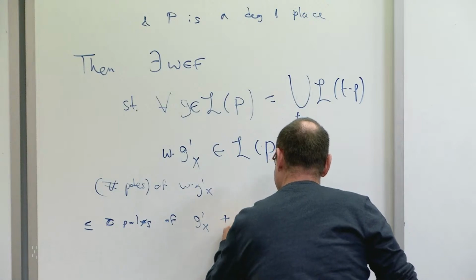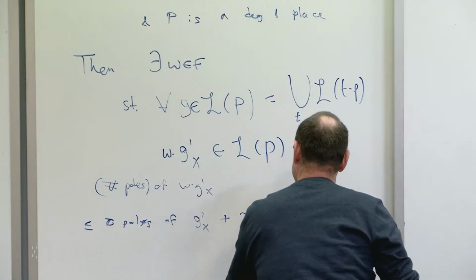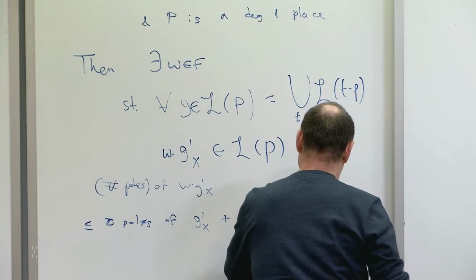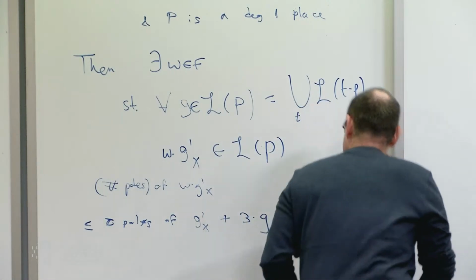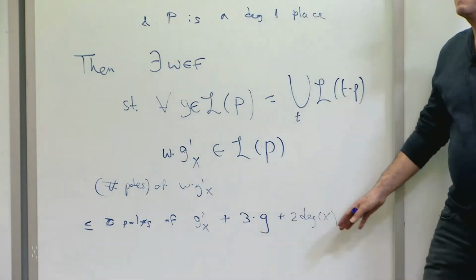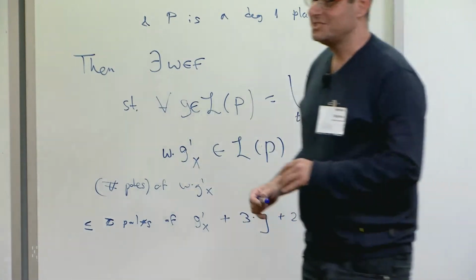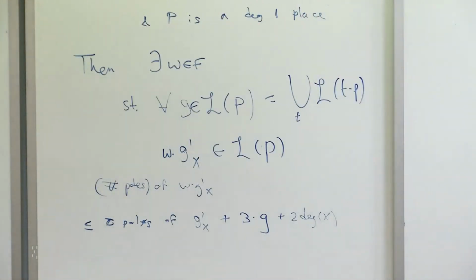The penalty is 3 times the genus plus something that depends on x. So we can choose x so that it's small, but the penalty is really basically 3 times the genus. I think it can probably be improved to twice the genus, and twice the genus is probably the correct answer.